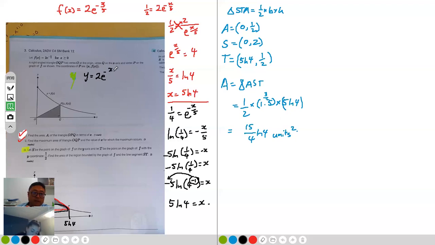You've got y equals 2e to the minus x on 5, and we were to rearrange that.